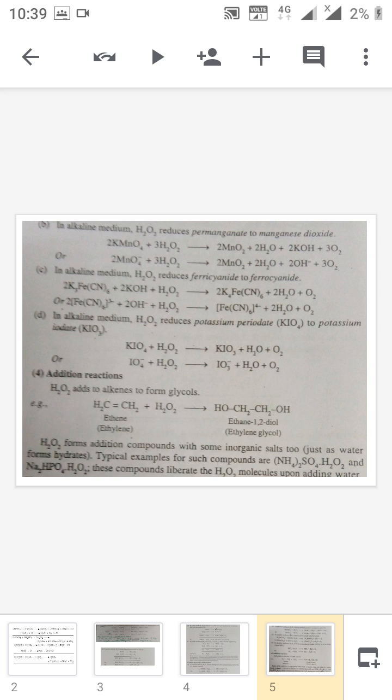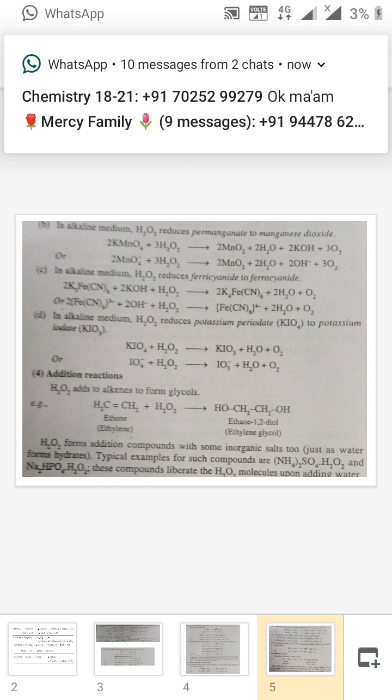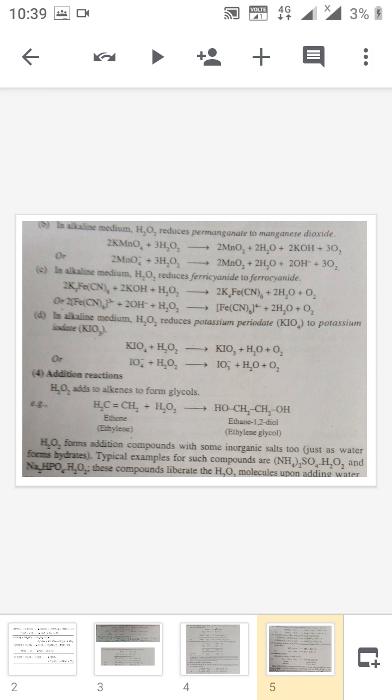Next is the reduction of potassium periodate to potassium iodate. KIO4 reacts with hydrogen peroxide and we will get KIO3 plus H2O and oxygen. The last reaction is the addition reaction.